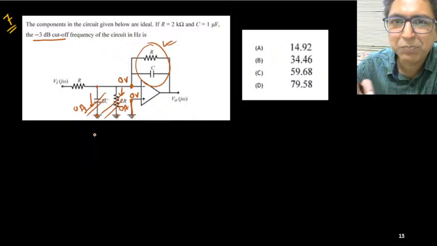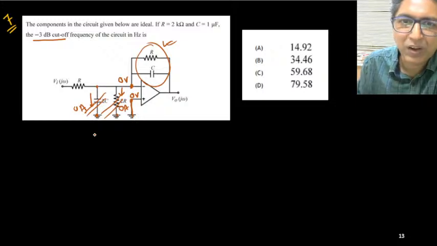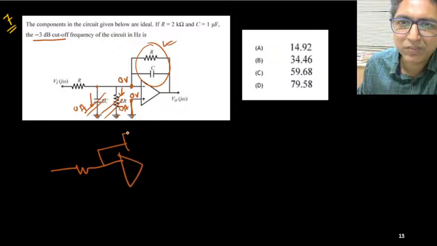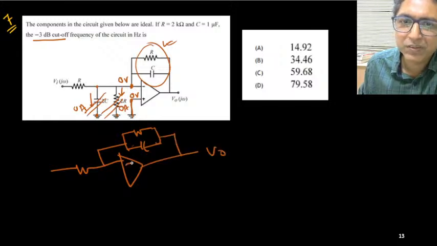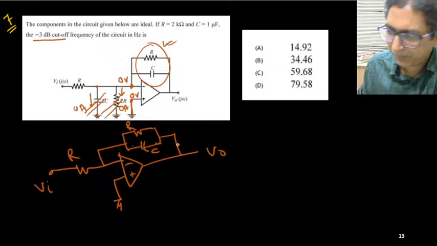It is now simply a low pass filter. Only one resistance, op amp, and these two things: resistance and capacitor. This is the output, this is negative, and the positive end is grounded. This is your input potential, this is R and C.